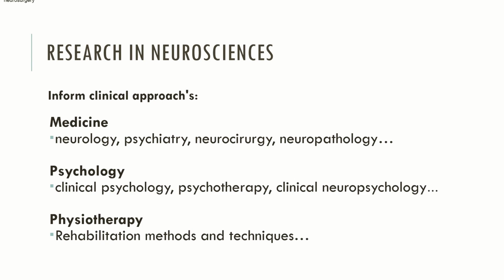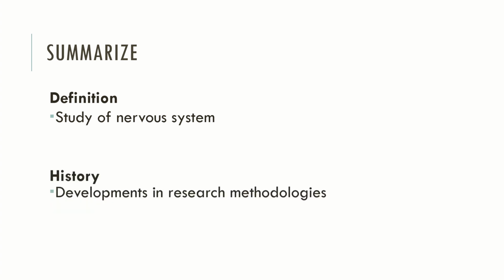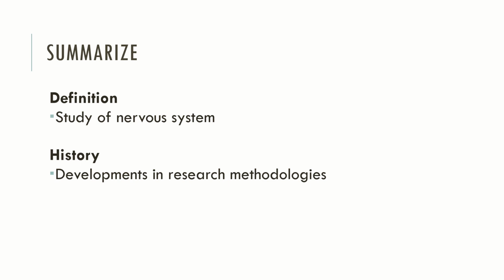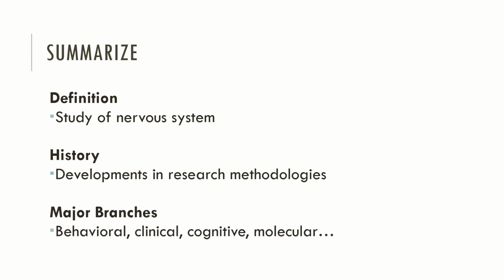So, now let's just summarize the contents of this video. We looked at the definition of neurosciences, which mainly is the study of the nervous system. We looked at the history of neurosciences and how it developed in research methodologies. Also, we looked at the major branches of neurosciences, which are behavioral, clinical, cognitive, and molecular neurosciences.